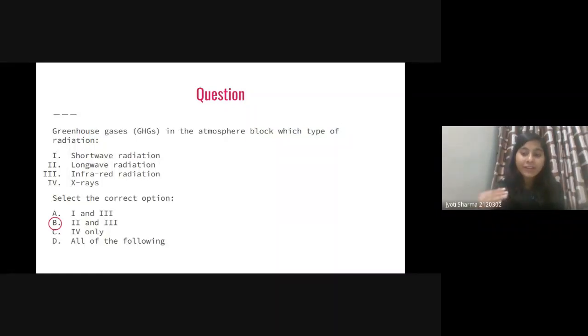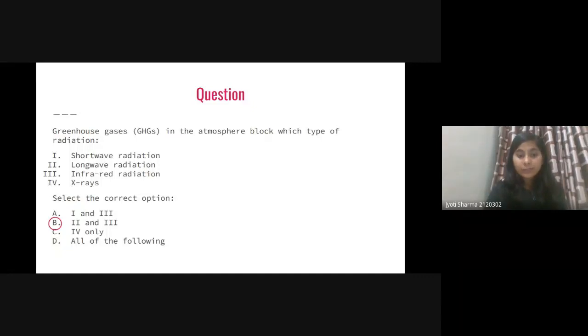But whenever radiation is emitted by the earth, that will be long wave radiation, and that is based on temperature, because the sun's temperature is very high. That's why it gives very short wave radiation, because the temperature of the earth is not that much hotter. That's why it gives radiation that has a long wave.